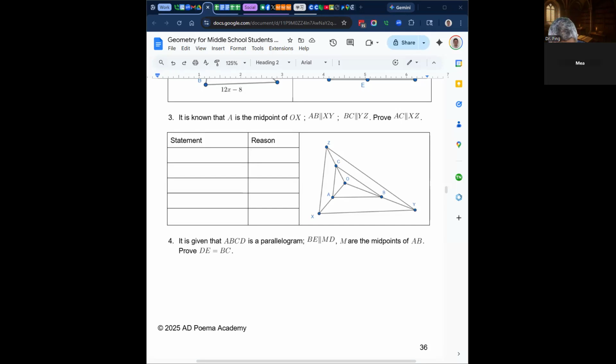And the second one is if three parallel lines divide one transversal into congruent segments, they divide any transversal into congruent segments. So it's like we did on this one. If AB is congruent to CD, then on the other side, XY will equal YZ. So that's all it means.